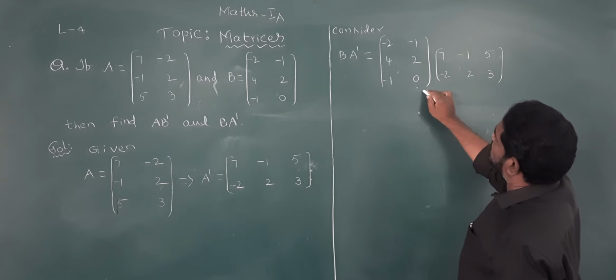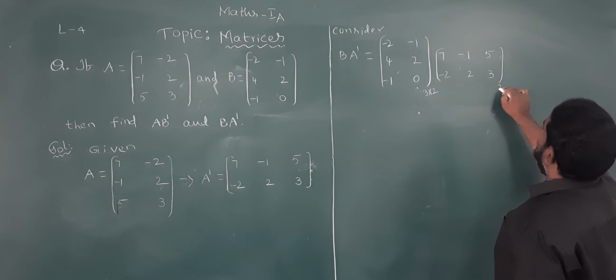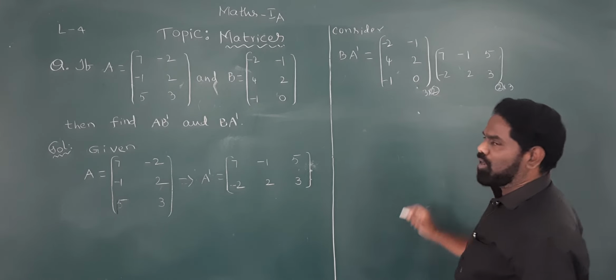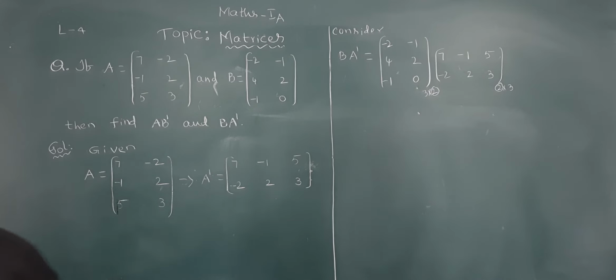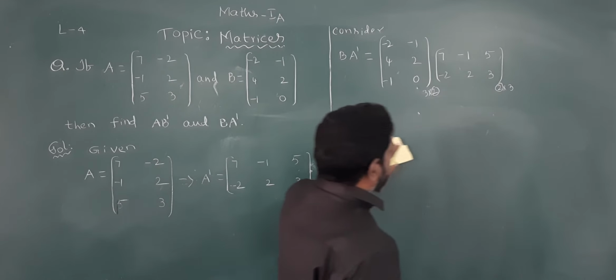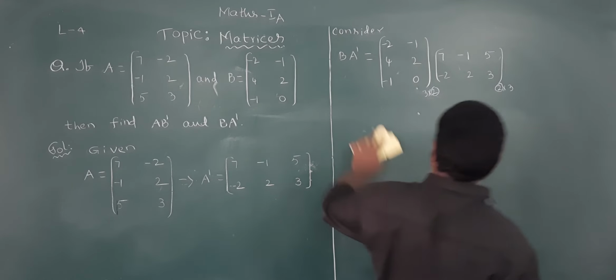The order of the first matrix is 3 rows, 2 columns. The second has 2 rows, 3 columns. Here, the number of columns of the first matrix is equal to the number of rows of the second matrix. So the product of matrix B into A transpose exists, and we can multiply the matrices.